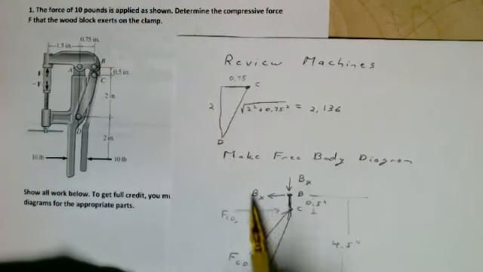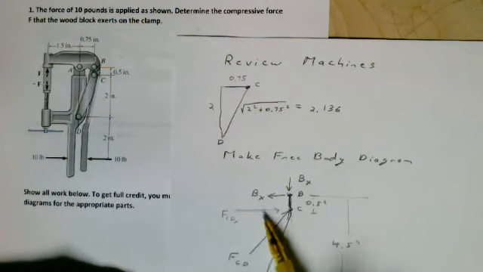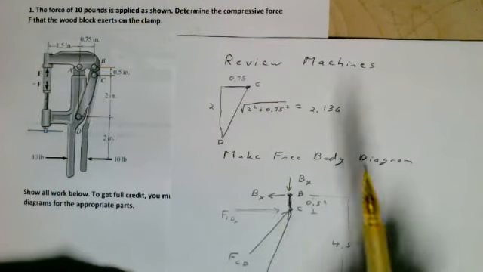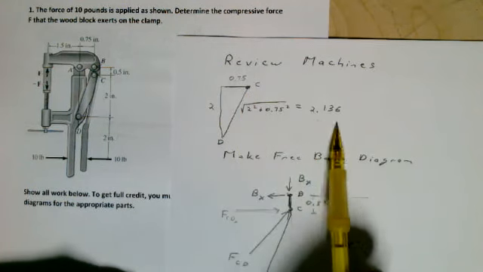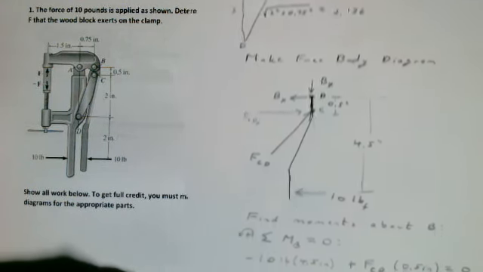So to find FCDX, we'll take FCD times 0.75 divided by the hypotenuse. So let's do that.